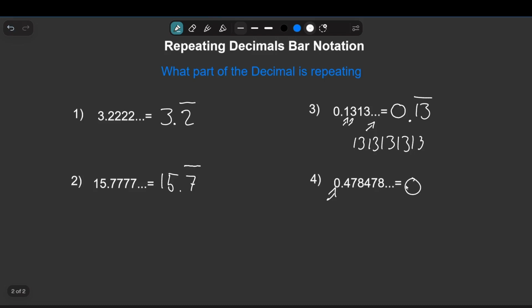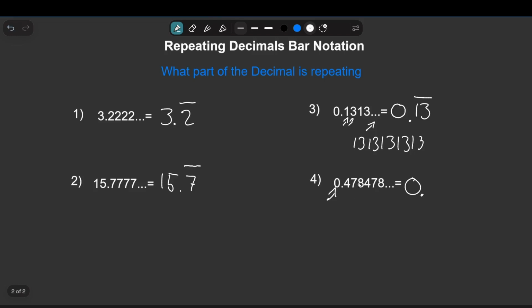Even if it's a whole number or if it's a 0, you always have to write it down or else you will get the wrong answer. But I think you guys know that. So now let's put the decimal down, of course, and look at the decimals. Now we're going to look at what digit or digits keep repeating.